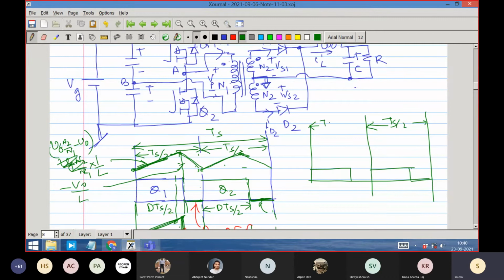First, we will do the easy part. The transformer current is a scaled version when Q1 is on, and when Q2 is on it is nothing but a scaled version. And look at it: when D2 conducts, the current direction is here like that.